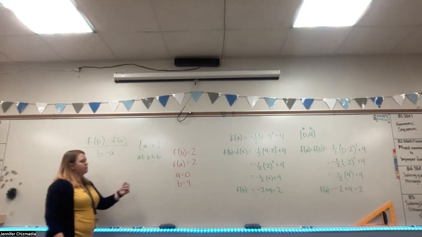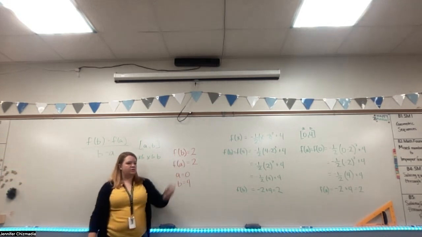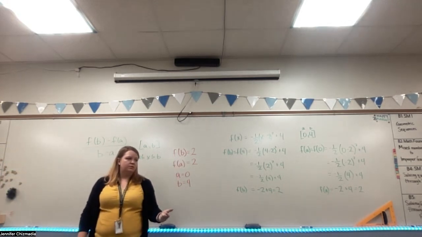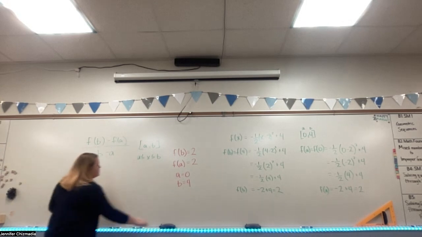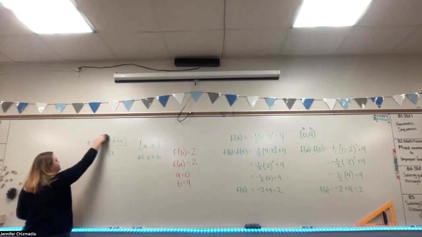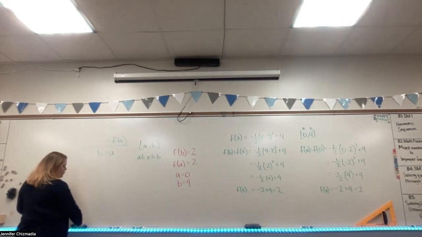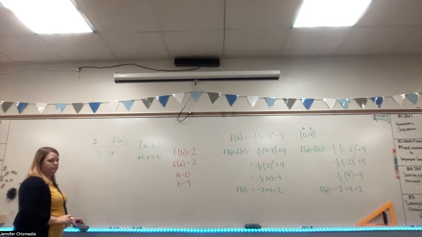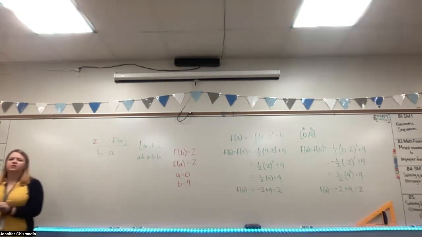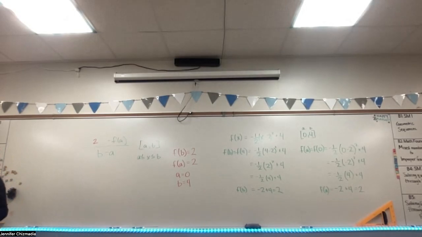Okay, if two things are equal, you can replace one with the other. So f of b equals 2, so we can put it in where f of b is. Right, if f of b is 2, then I can put 2 right here. And then there's f of a. Are we with me so far? Yes.